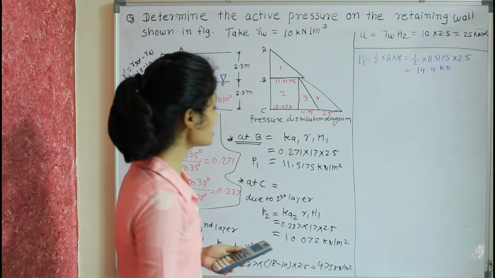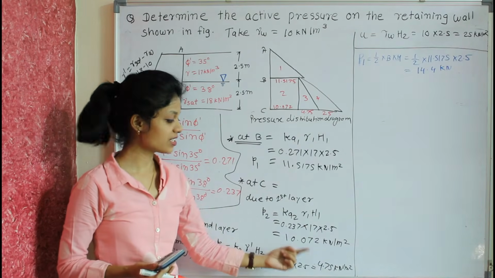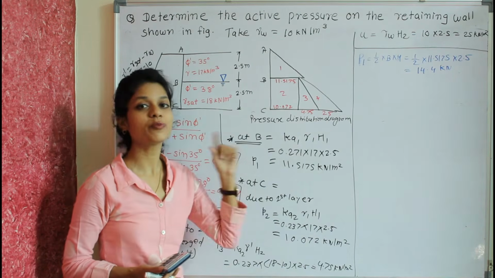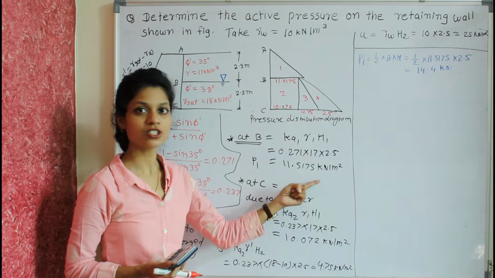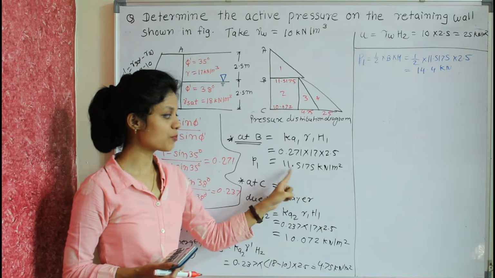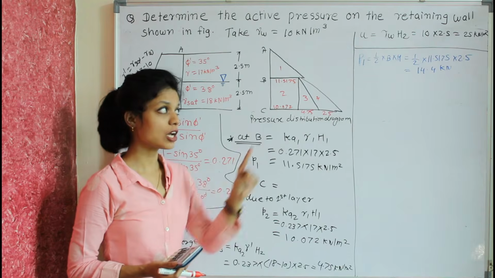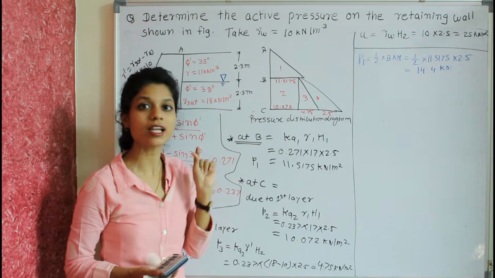You can see here the unit of this pressure intensity is kilonewton per meter square. That means these values are for per meter square area. Now we'll calculate total pressure. For the first triangle it is 14.4 kilonewton.